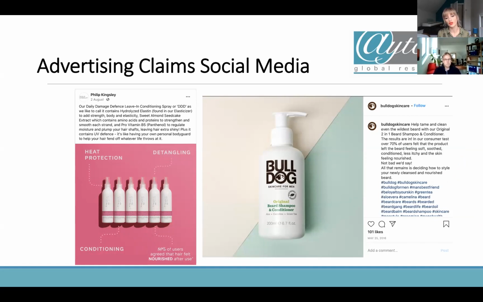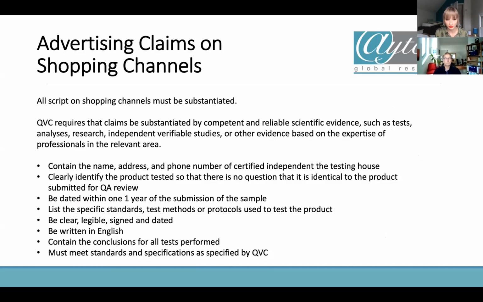And then Bulldog have done the opposite, where they've got the picture of the product, and then in the description it says, in our consumer test, over 70% of users felt that the product left the beard feeling soft, soothed, conditioned, less itchy, and the skin feeling nourished. So what they've done there is they've scored over 70% on all of those claims, and then been able to say that in one go on their social media. It's another great way of showing the product.